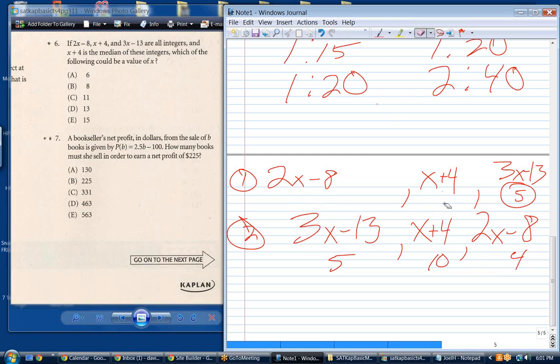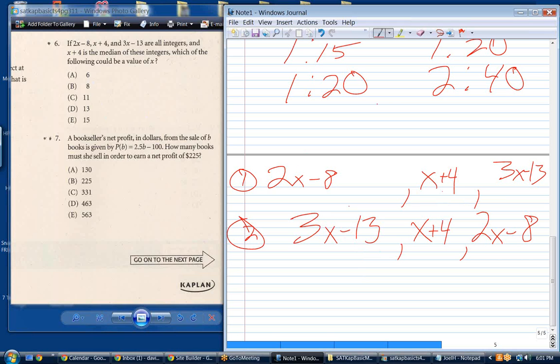Let's try 8. What do you get here? I get... I'm doing the second way for some reason. I've been doing 3x minus 13. Doesn't matter, either one. 11.